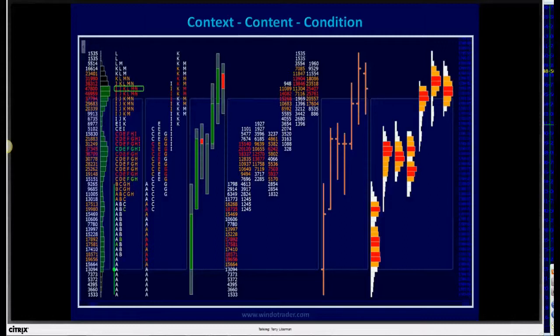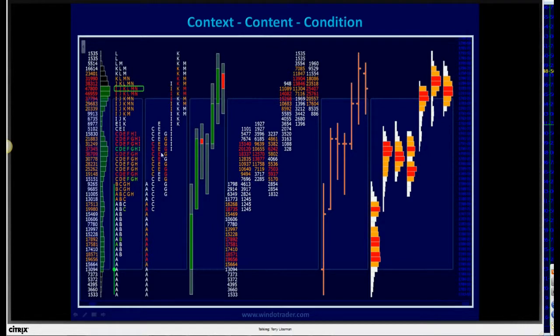And based on the talents of my partner, being able to take the concepts that I talked about and translate those into displays on the screen, we ended up, we think, with probably one of the most versatile and powerful market profile-based trading software applications out there. And that's not to say anybody else doesn't have good programs. They do. And it comes down to the trader deciding what works for him or her.